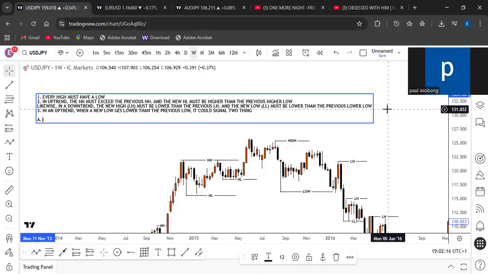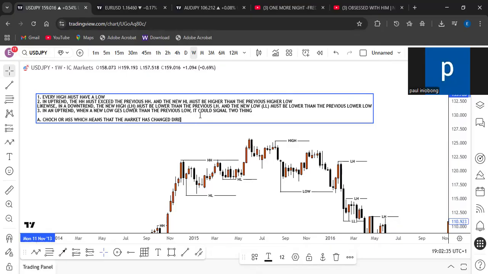A, a change of character, or what they call market structure shift, which means that the market has changed direction.